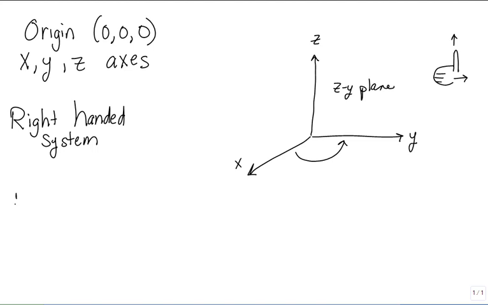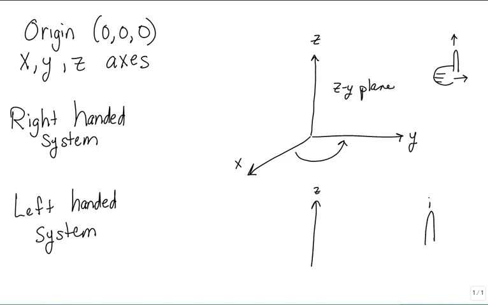Now the left-handed system, again, z is pointing straight up. That's your thumb. And this is your left hand now. Your fingers are going left, so they're wrapping around this way.